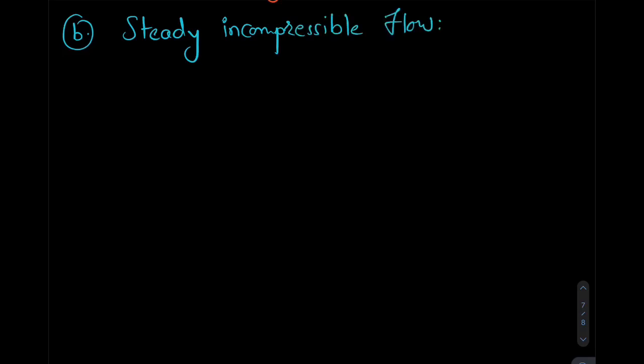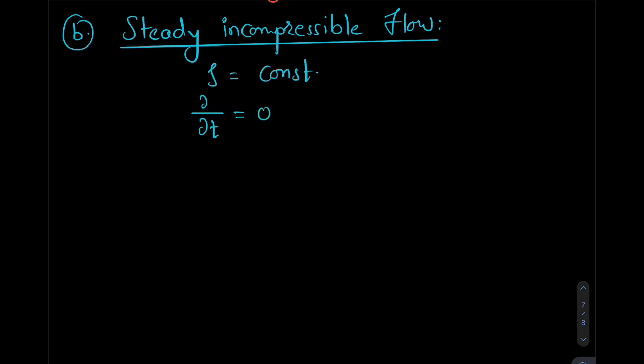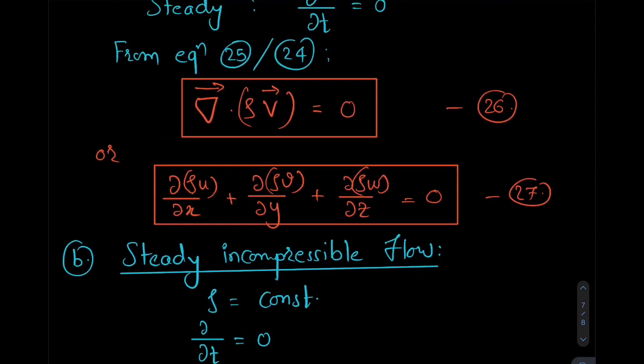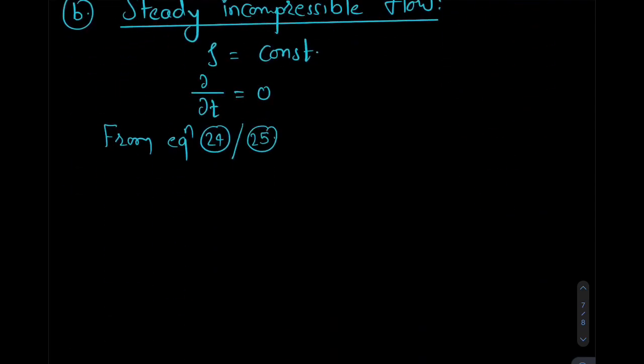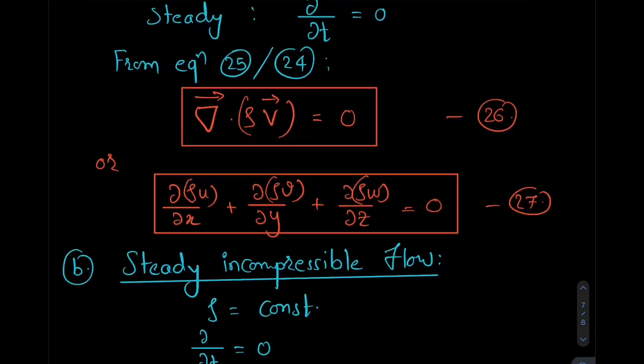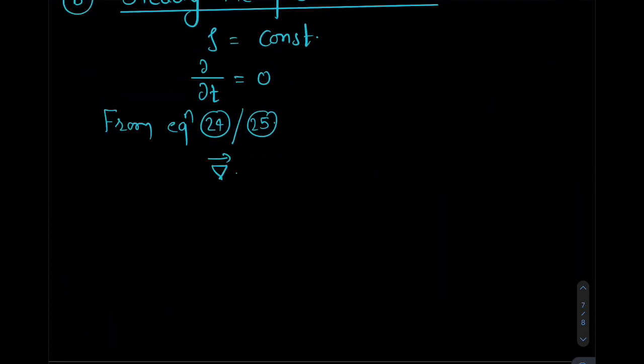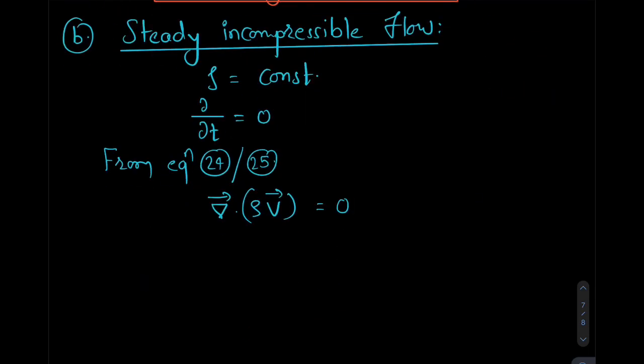Now case B, which is steady incompressible flow. These terms were already explained in the last video. Rho is constant in this case and d dt is also 0. So from equation 24 or 25 we can directly write del bar dot rho v bar equals 0. Rho is constant, so we can take it out.